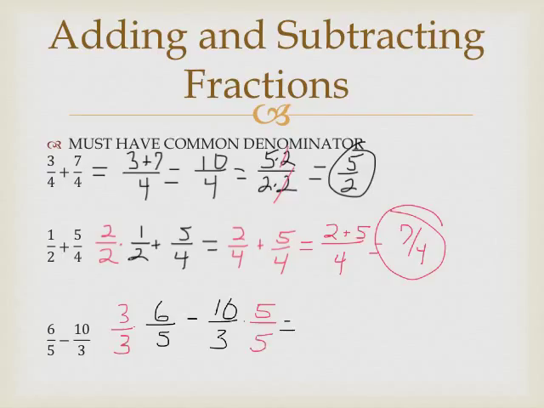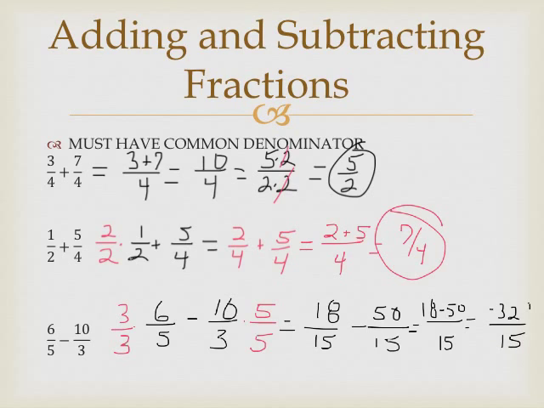And so I have 3 times 6 is 18 15ths. And this is minus 10 times 5 is 50 15ths, which is just going to be 18 minus 50 15ths, which is, if I am doing this correctly, 18 minus 50 is negative 32 15ths, which they do not have anything in common, so we are good to go from there.